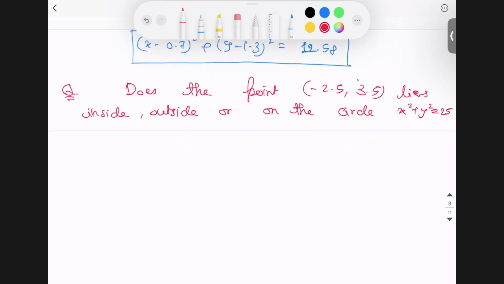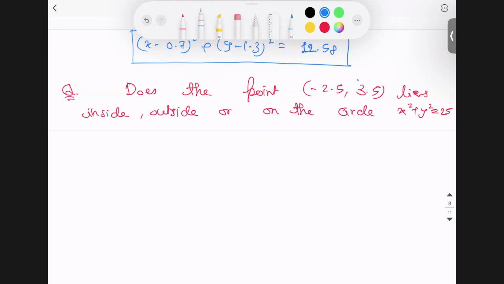So here, from observing the equation of the circle, we can clearly see the center of the circle is at the origin, and the radius of the circle will be r square, which is equal to 5 square. So r will be equal to 5.